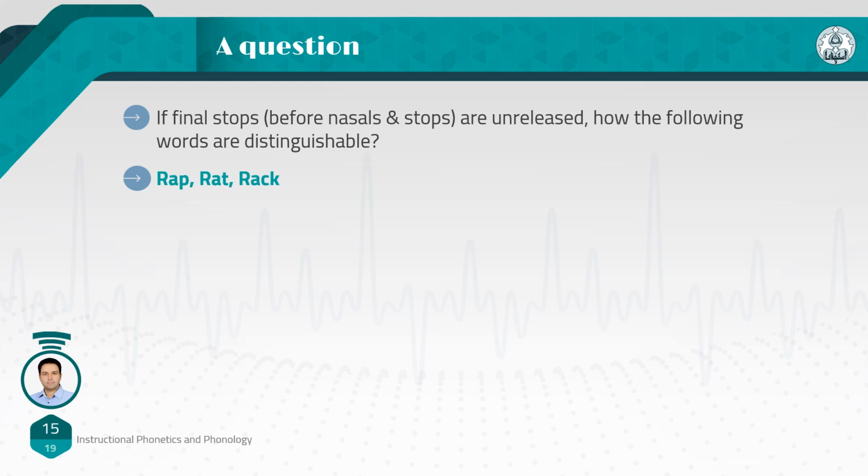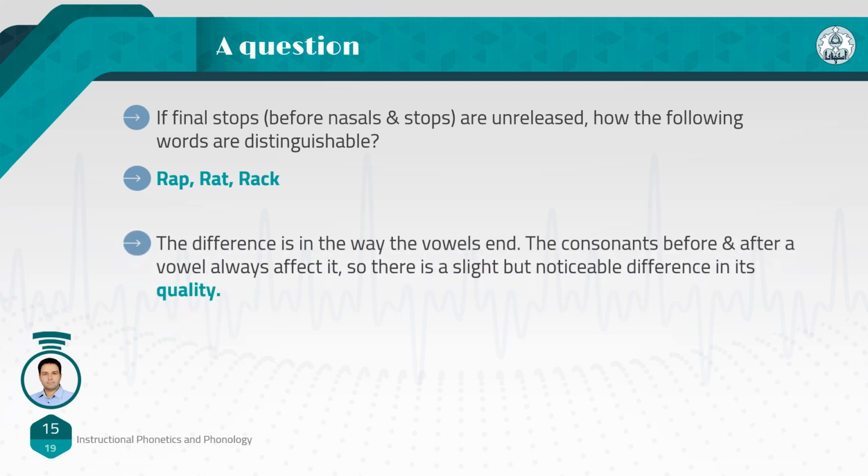But why is it that they are distinguishable? For example, you understand that I say rap, not rat, not rack. So there must be another difference. The difference in the sounds must be in the way that the vowels end. After all, the rest is silence.